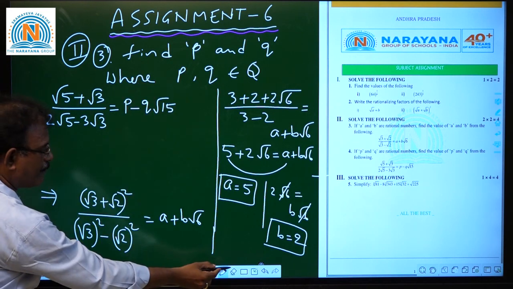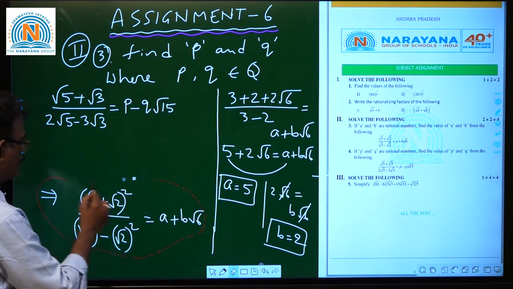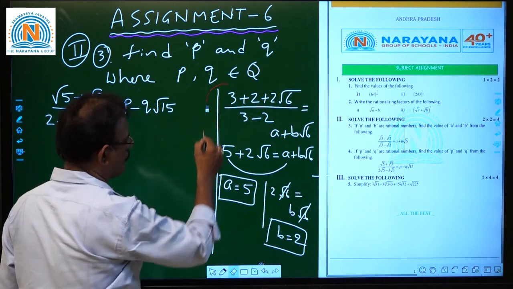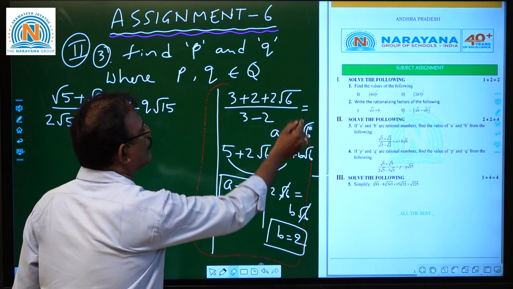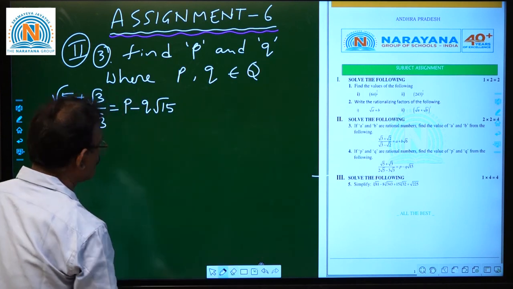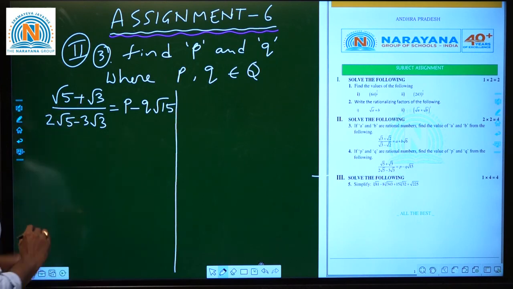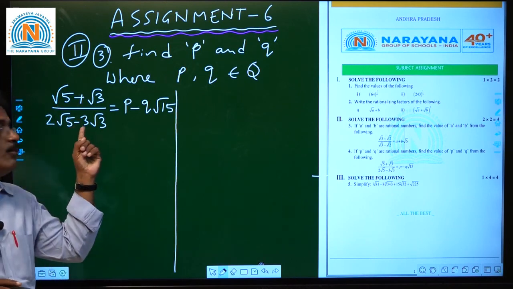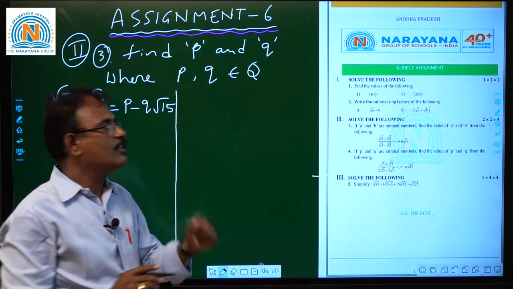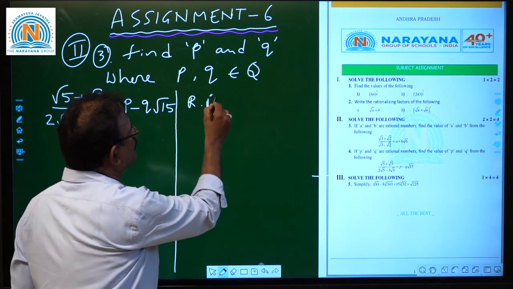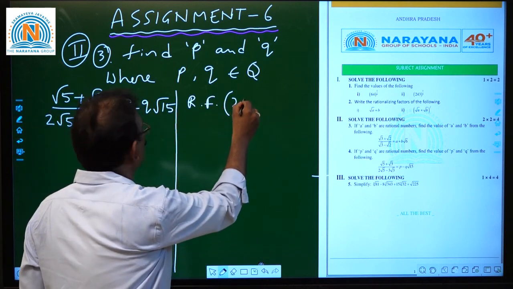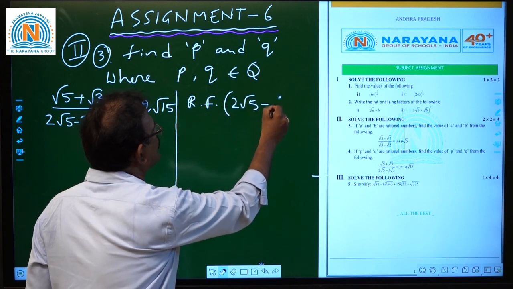Okay, children. So what is the denominator here? We have 2 root 5 minus 3 root 3. So what is the rationalizing factor of 2 root 5 minus 3 root 3?